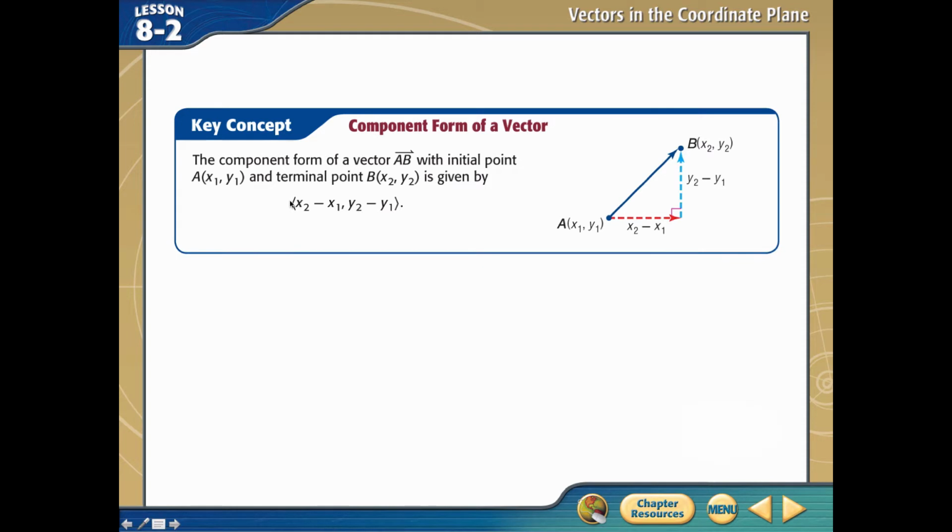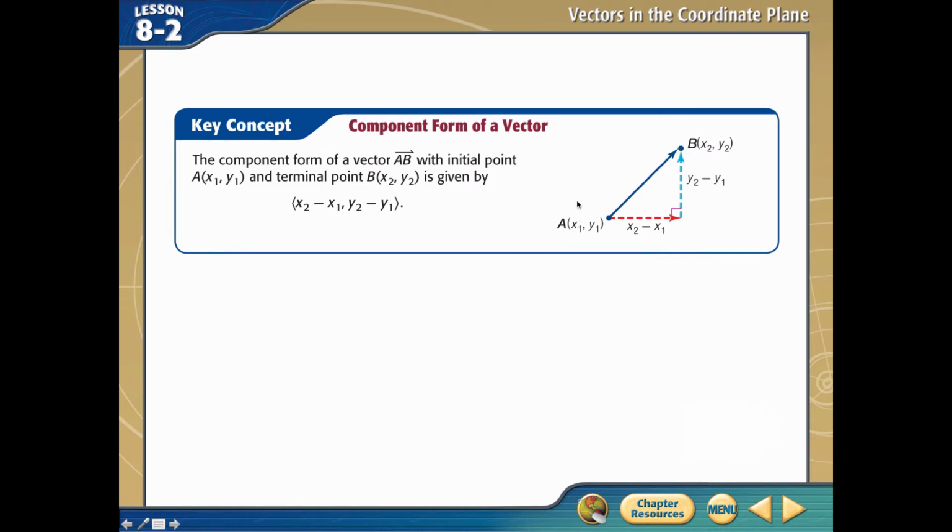Okay, so component form of a vector. You see you've got this crazy less than and greater than sign over here. It's really straightforward. The x part of the component, how far is it in the x direction that you go? So x2 minus x1. And then the second part of your component form is how far do you go in the y direction? y2 minus y1.